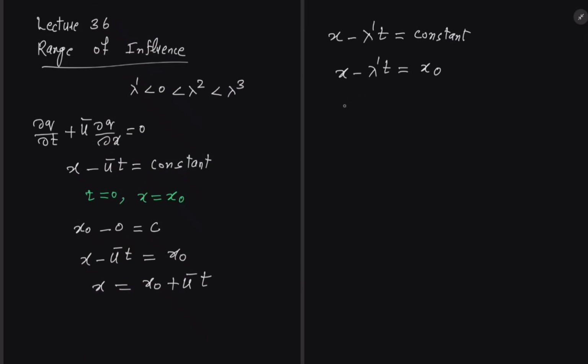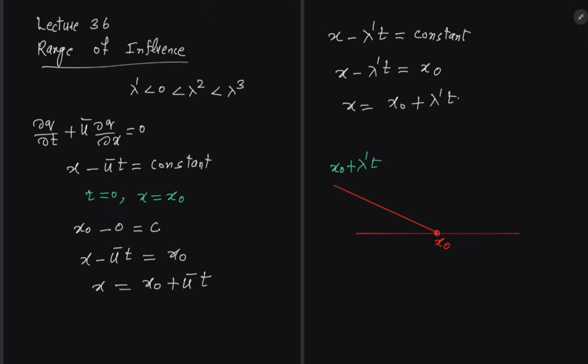Then x will be equal to x naught plus lambda 1 t. And this characteristic will look like this, for some point x naught. This is the characteristic, and since it has negative slope, lambda 1 is less than 0, we get x naught plus lambda 1 t.